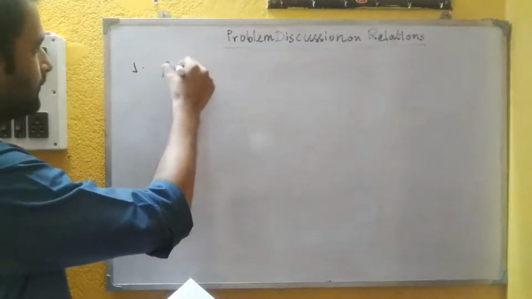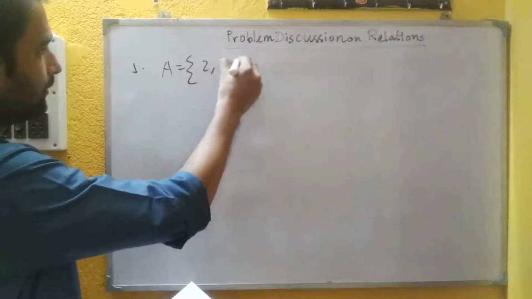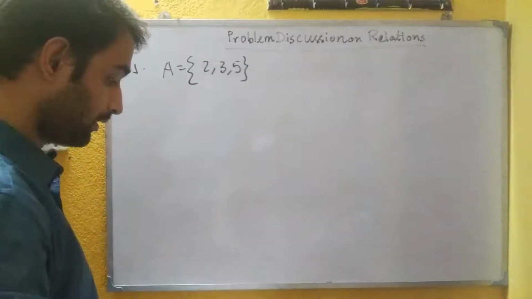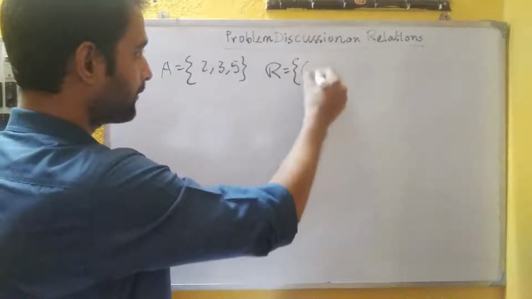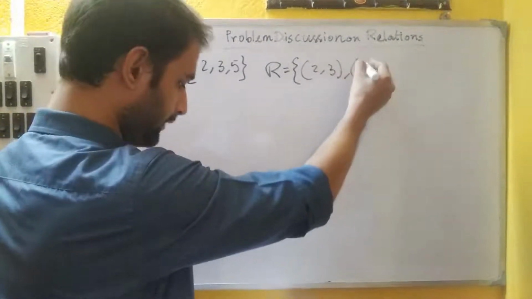A set is given and a set of ordered pairs R is given with these elements.